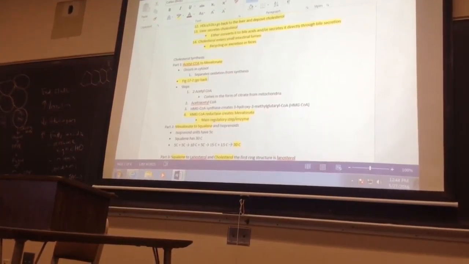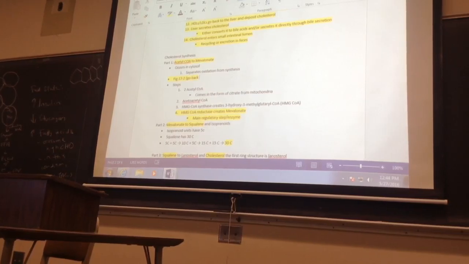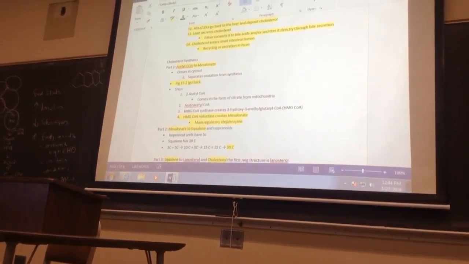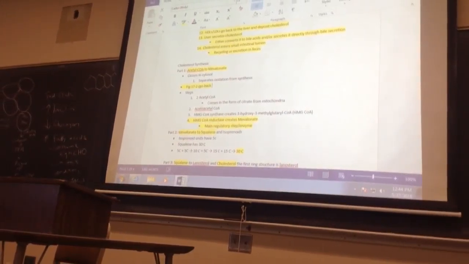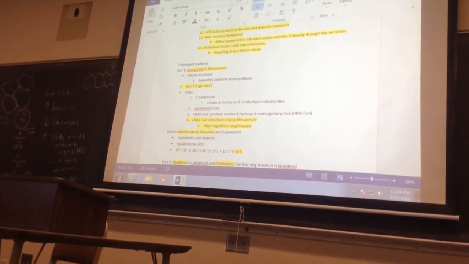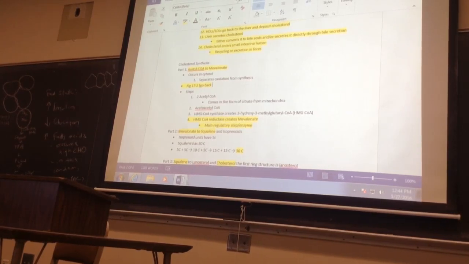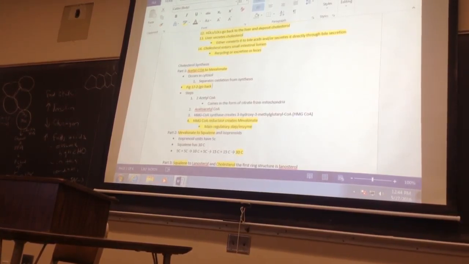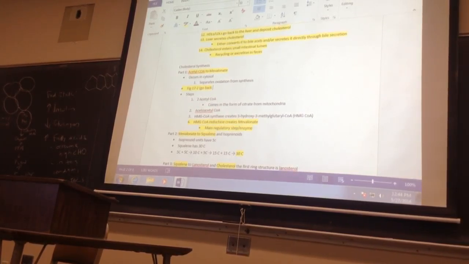Oh, sorry, yeah, okay. So if you're in the fed condition, you make cholesterol, which means you're upregulating production or the affinity of HMG-CoA reductase for its substrate.